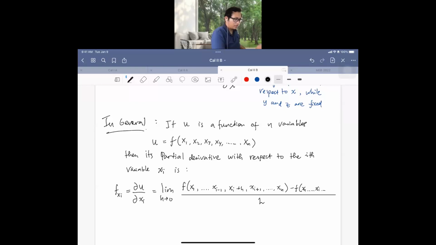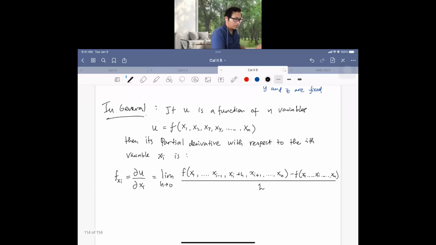Okay, you can write in general the limit definition as that. Or we can write different symbols.